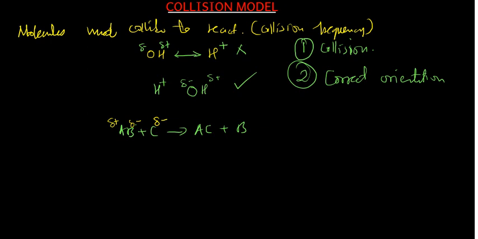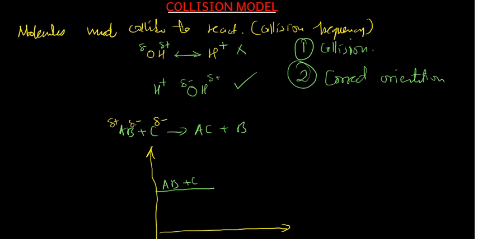So we have got what is called an activation energy barrier. So if we want to show on a diagram, we can show in that manner. So for this reaction, we have got the reactants at this point, AB, AB reacting with C. So this is the energy at which they are.